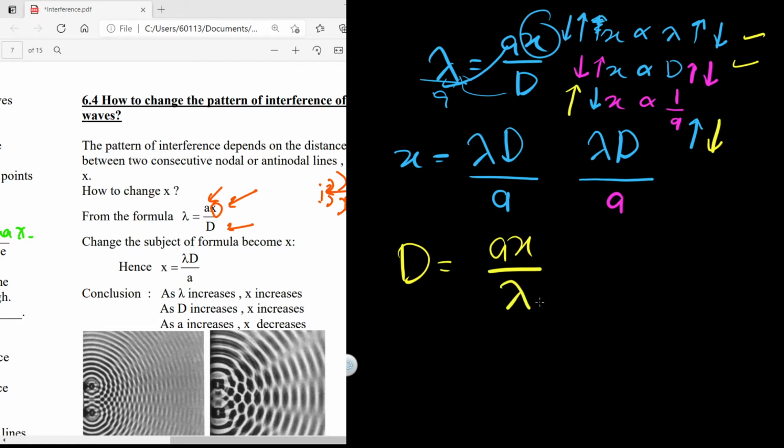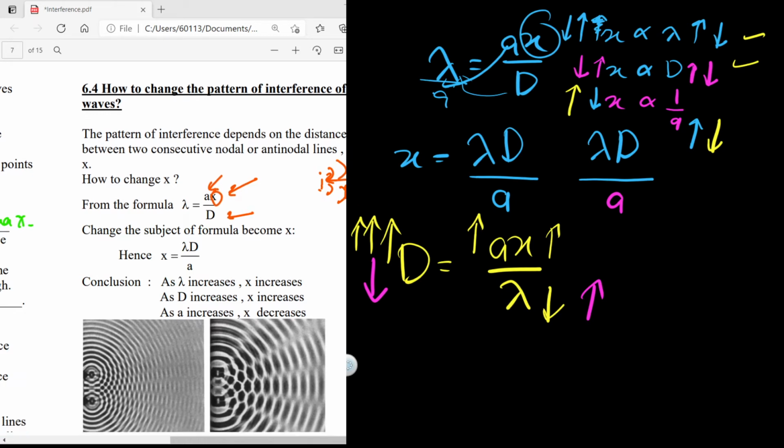That means if X increases, D must increase. X increases, D also increases. But for lambda, since it is the denominator, the lower part of the quotient, if lambda decreases, D will increase. This one goes the opposite way. But what will happen if lambda increases? D will decrease.